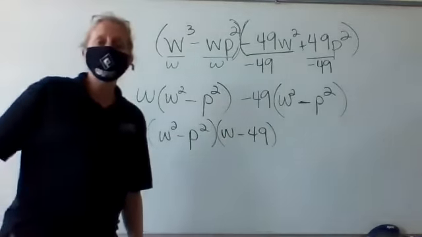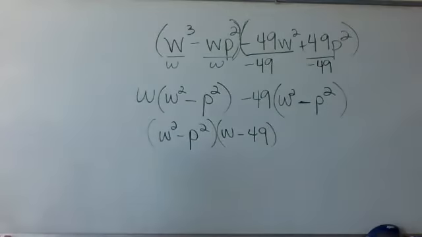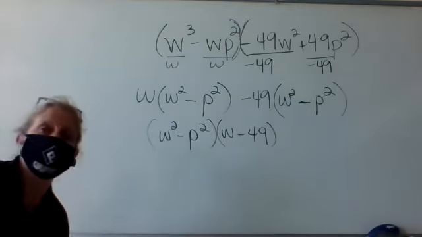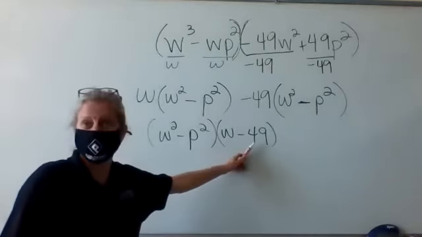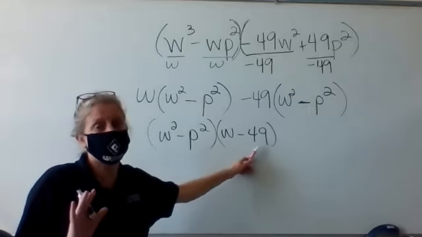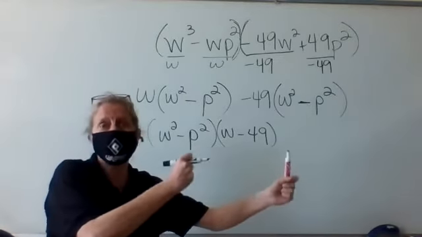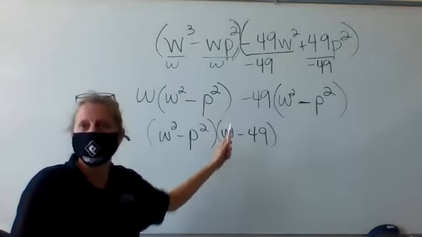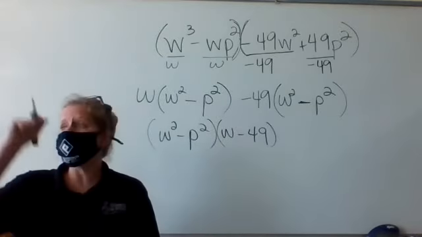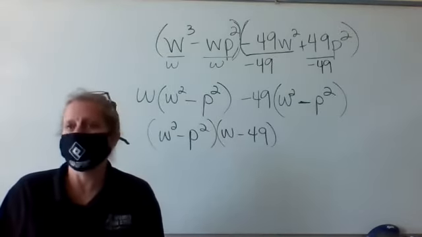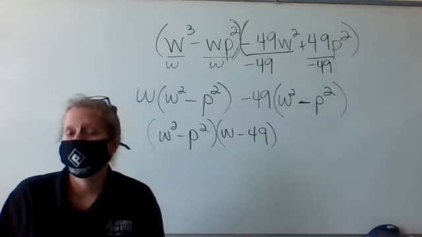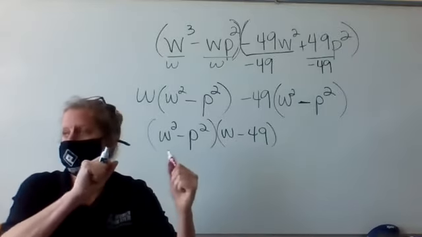The only one you're worried about that's going to go any further is if you have a W squared. So this one kind of looks like a difference of squares a little bit because of the 49. I could use 7 and 7 to get 49, but the W is not squared. Doesn't matter what the other number is, because you would need W and W to do difference of squares.